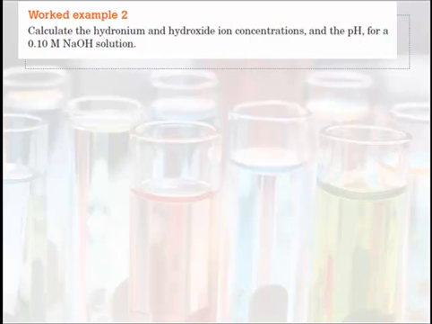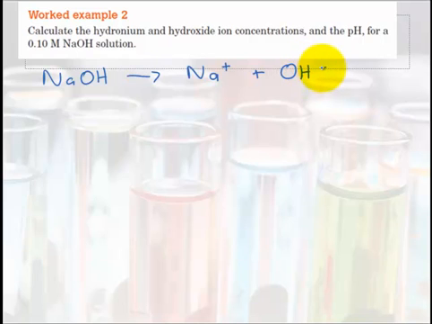Okay, so worked example number 2 here. It's asking you to calculate the hydronium and the hydroxide ion concentrations and the pH for a 0.1 molar sodium hydroxide solution. You should be able to recognise sodium hydroxide as a strong base. So, when sodium hydroxide is put into water, it will dissociate into sodium ions plus hydroxide ions.